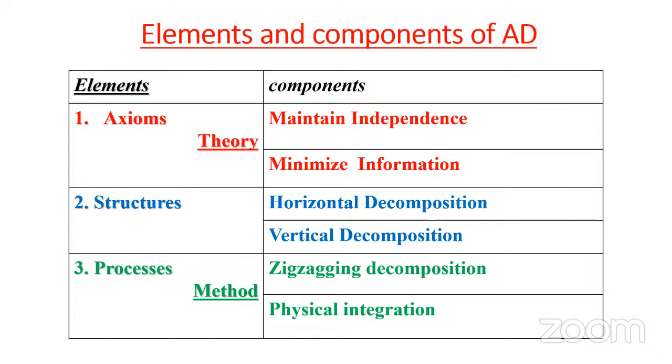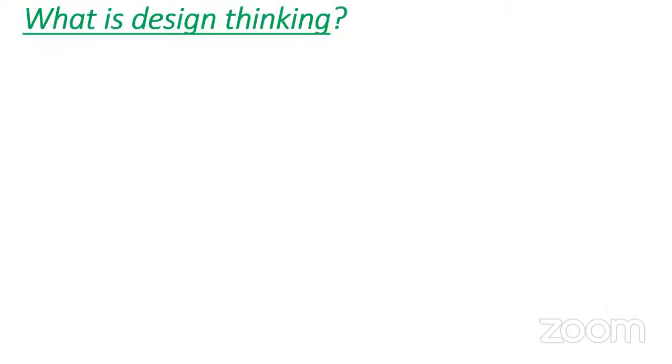And lots of times I'm using words to help define, because design can be a noun or a verb. So the design solution is the result. This is what we're going for. The complete design solution. Okay, and the process. Zigzagging decomposition, physical integration.